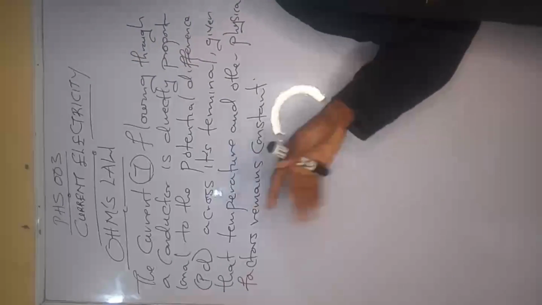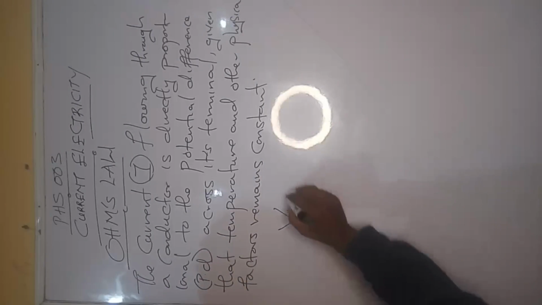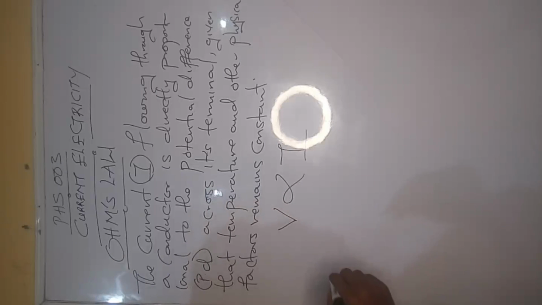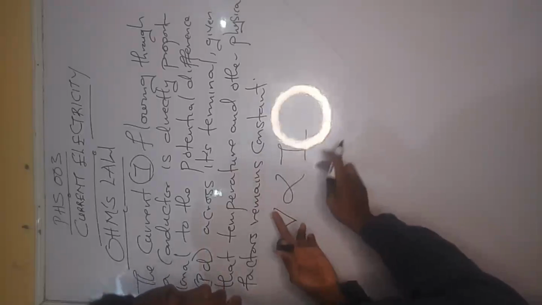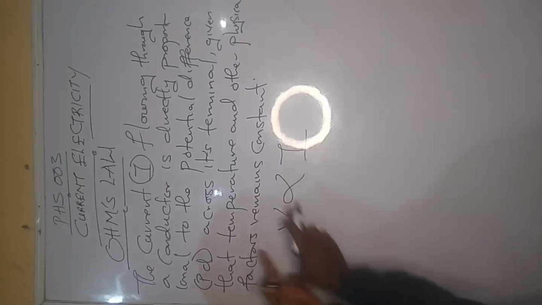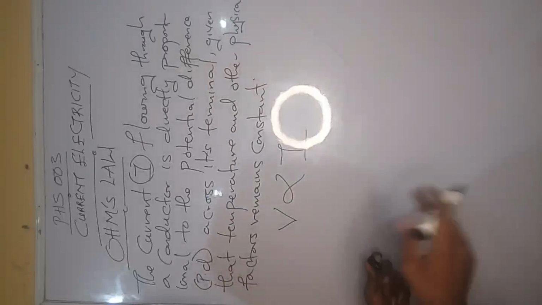If you want to remember this law, just remember this mathematical expression: V is proportional to I. Of course, this is the same as saying I varies directly as V, or is directly proportional to V, which is what the law is stating. True or false? True.